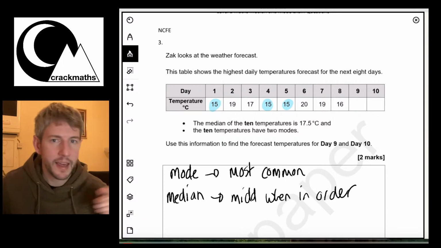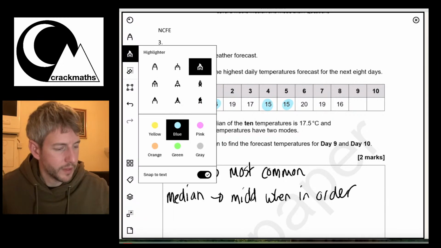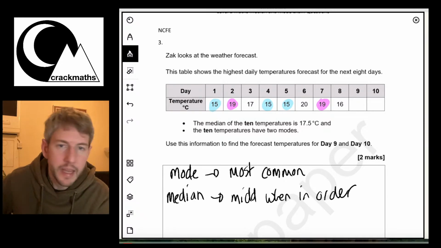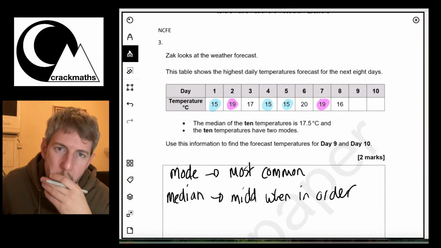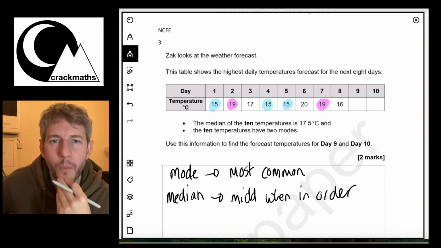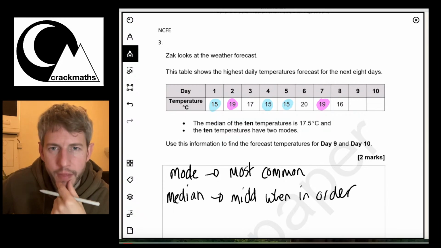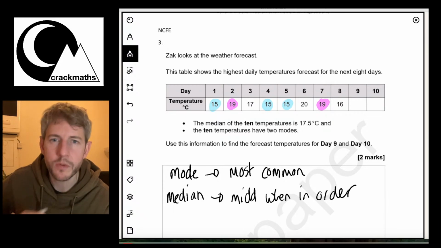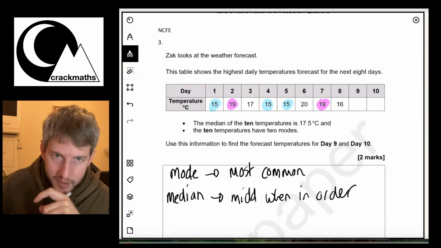I can see that here the other number that's getting there is 19. Okay, so it's likely that one of the other numbers is going to be 19, because that's what's going to get us to having 3.